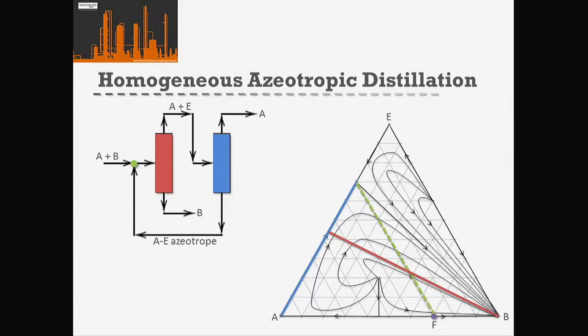So we have to balance that off against the cost of running our distillation column and the cost of adding our entrainer. Just like we would balance off number of trays versus reflux ratio versus utility cost, we now have to think about number of trays versus reflux ratio versus utility cost versus amount of entrainer that we add to assist our system. So it's another optimization that we have to think about, okay?